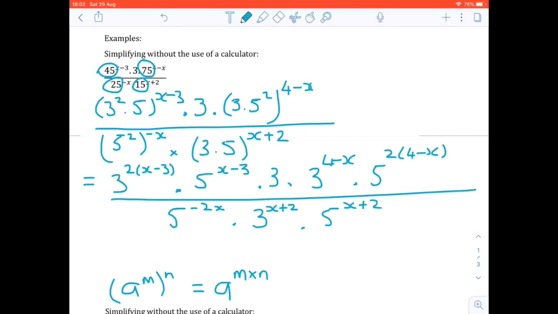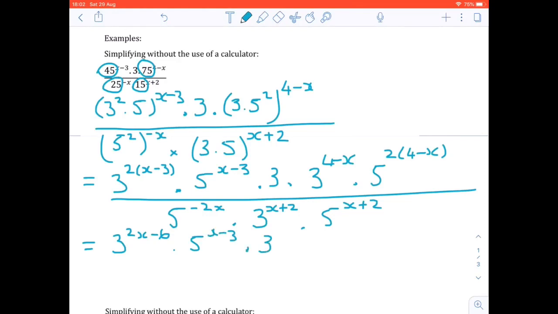At this point we have to simplify. So this equals 3 to the 2x minus 6, we're just multiplying in that 2, times 5 to the x minus 3 times 3 times 3 to the 4 minus x times 5 to the 8 minus 2x.